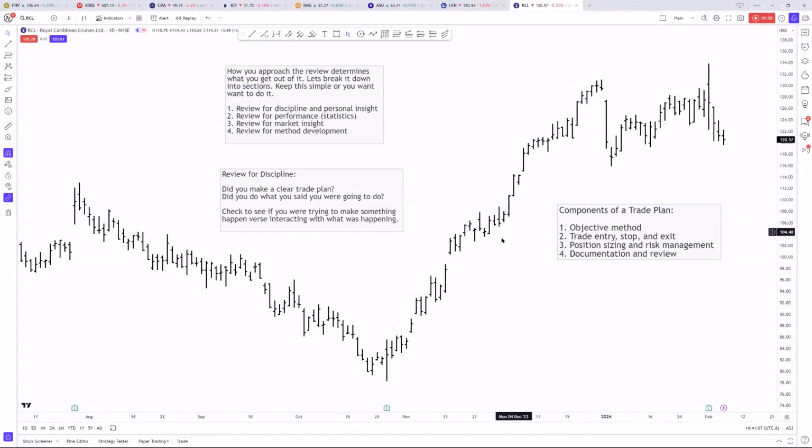What size was the swing? Just some insights on the way price moves. And we can review for developing our method or other methods, looking at our numbers, we have documentation. We can spend some time doing that.